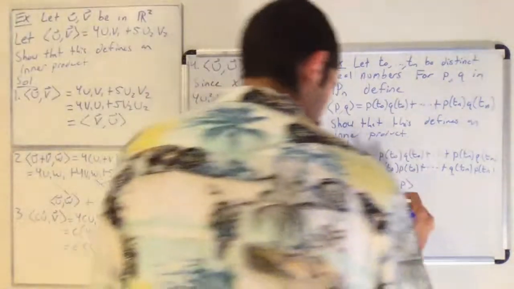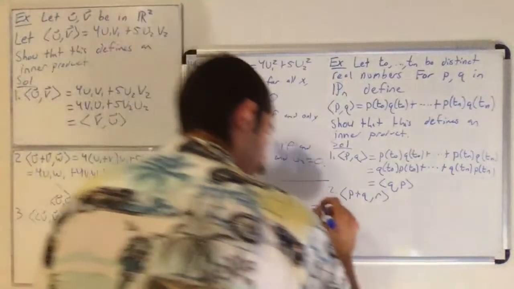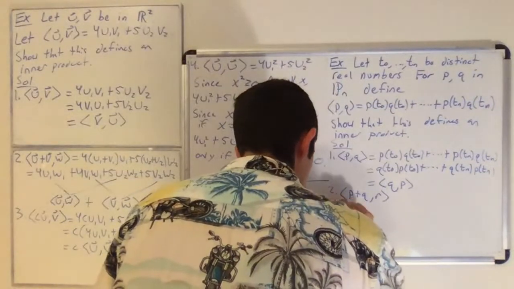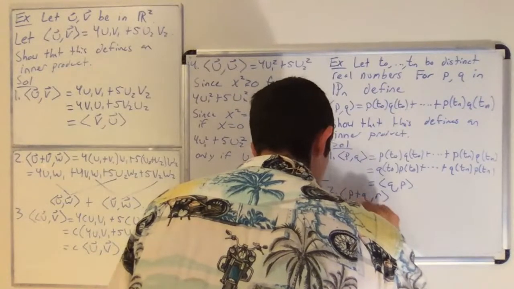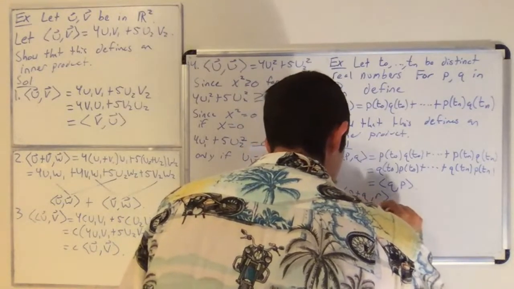Well, this is equal to P of T0 plus Q of T0 times R of T0.